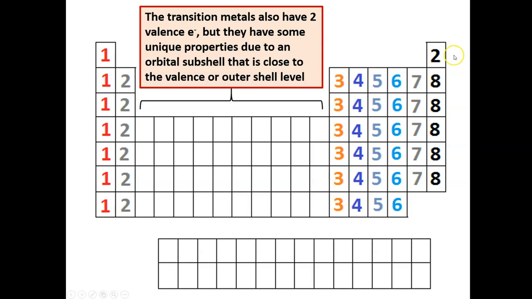Well, it turns out that helium has a full energy level. Just because its energy level doesn't have a P means it can't have 8 valence electrons. It only has 2 valence electrons, but it's still a full energy level. Therefore, it is a noble gas. So it is most like these, even though it only has 2. So that's one of those little odd things that comes up with valence electrons.